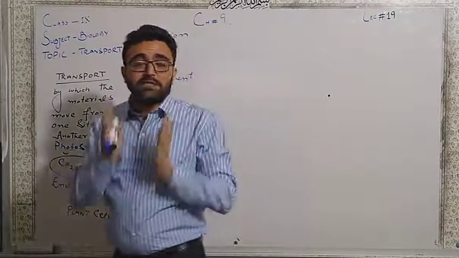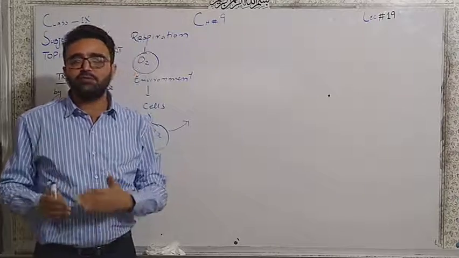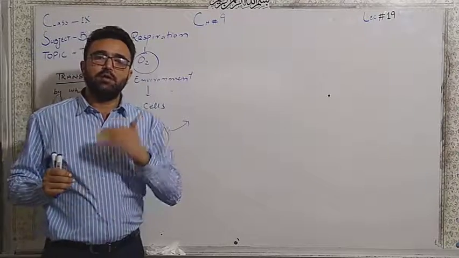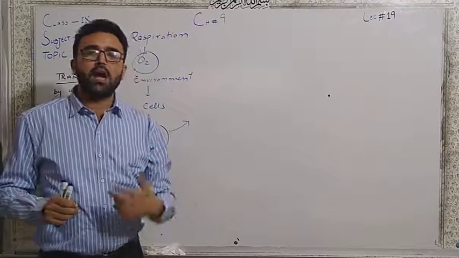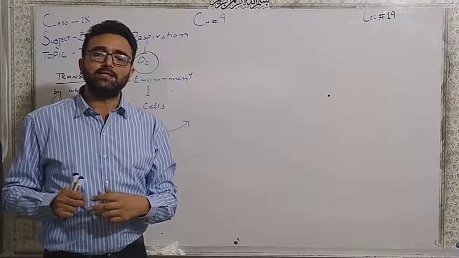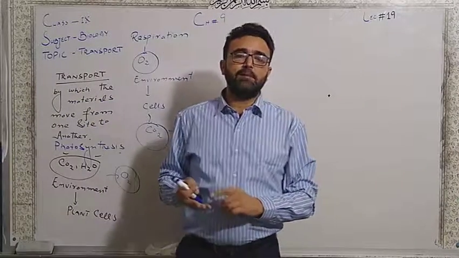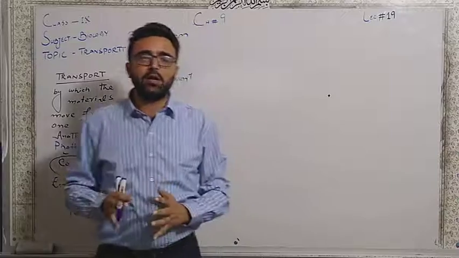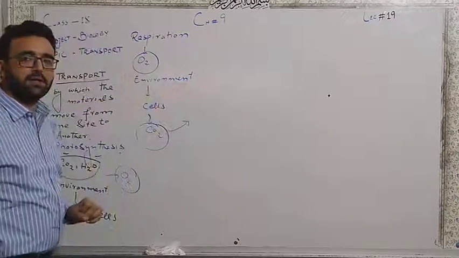So if we skip the transport process, then how will the digested food reach the cell, and from where will we get energy? So without transport, none of the vital metabolic processes, none of the life processes is possible.